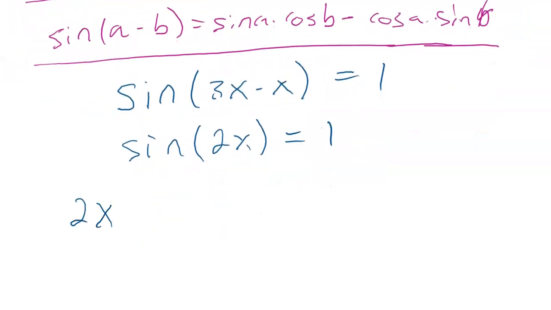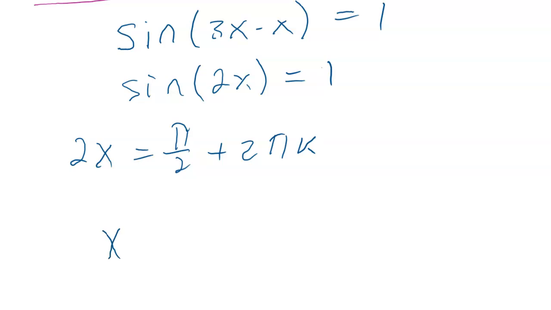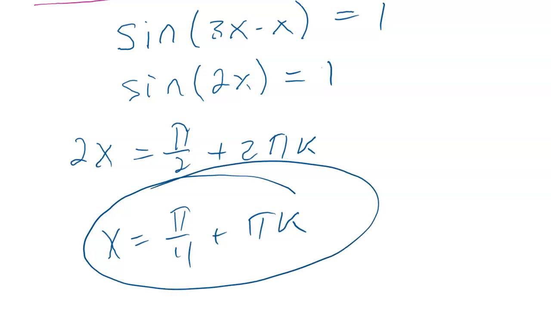For what values of 2x is sine equal to 1? Sine will be equal to 1 at pi over 2 plus 2 pi k. What's x equal to? X is equal to pi over 4 plus pi k as my answer. There it is.